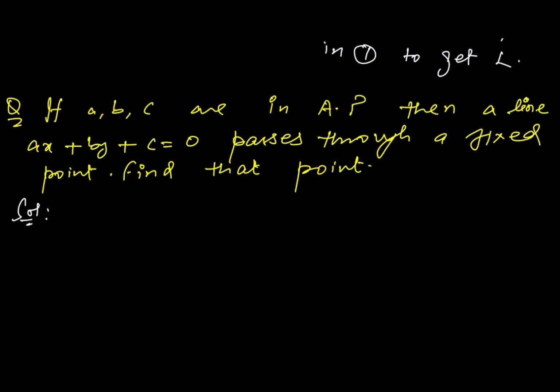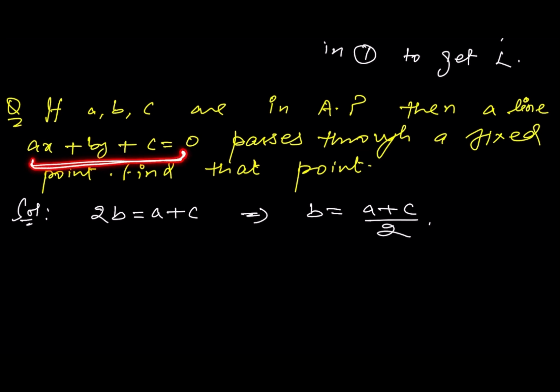Okay, so coefficients in AP implies 2b = a + c, or you can say b = (a + c)/2. Now this is the line.